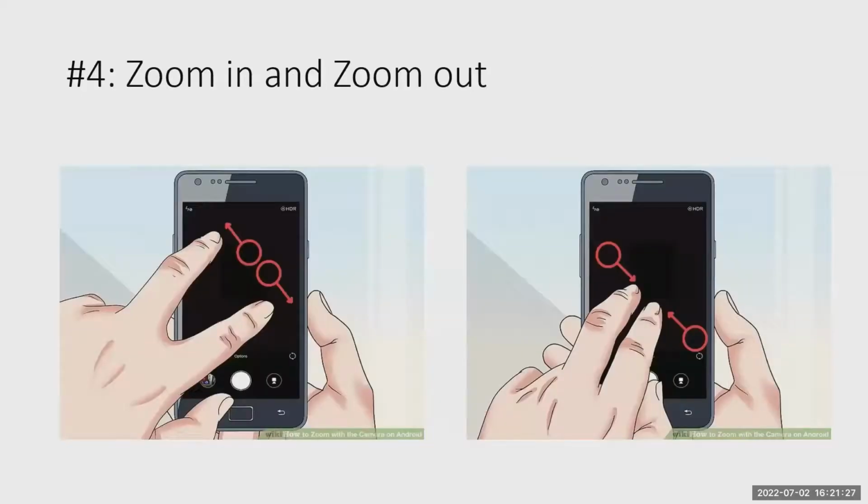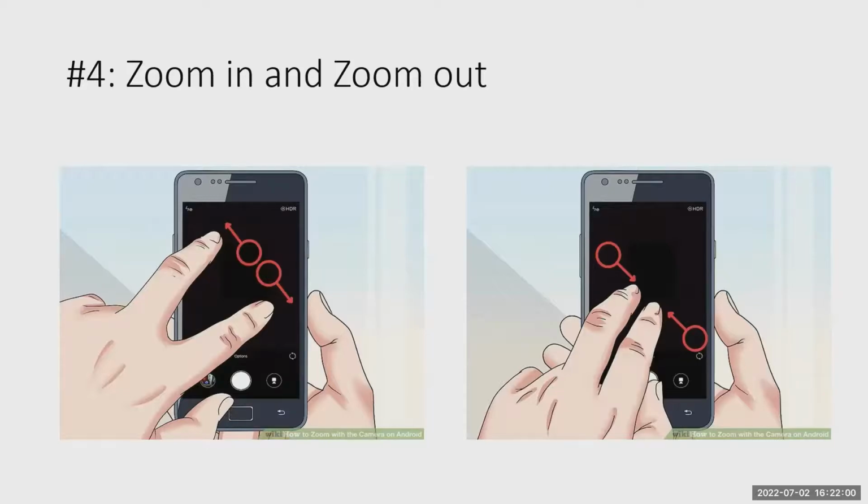Again, zooming in and zooming out should be pretty obvious. You just use your fingers: pinch to zoom out, and spread your two fingers apart to zoom in. Sorry. So it's very intuitive and very easy.